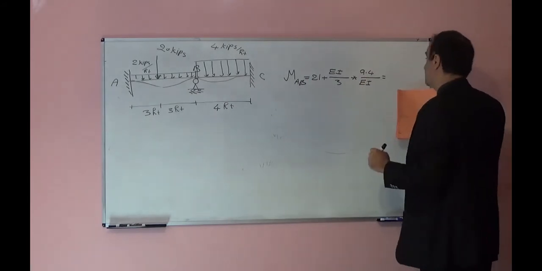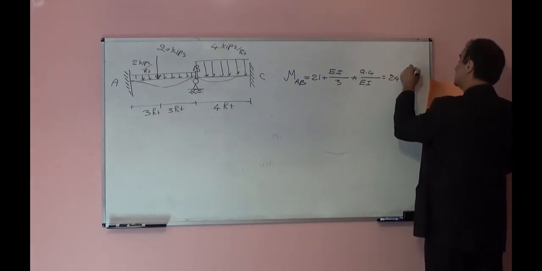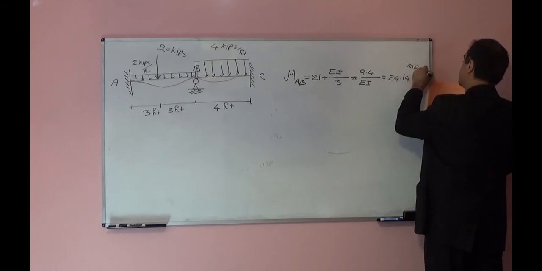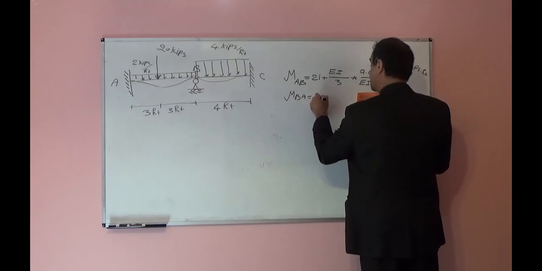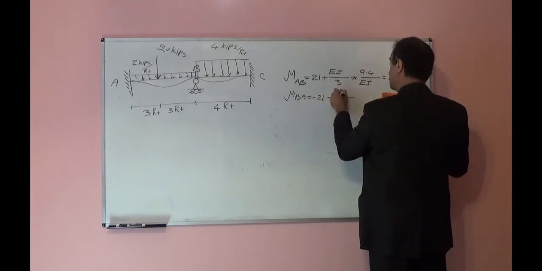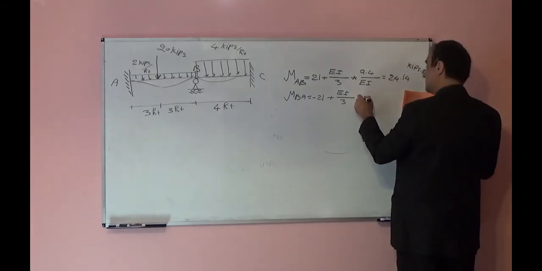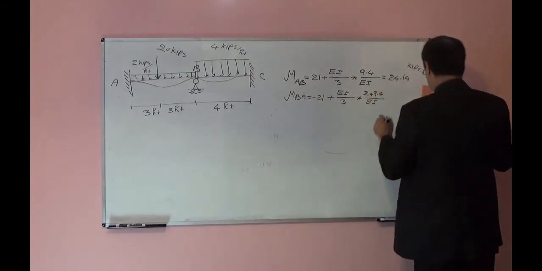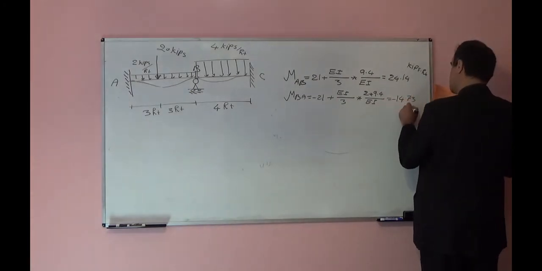The EI and EI cancel each other, so 24.14 kips feet. MBA will be equal to negative 21 plus EI over 3 times 2 theta B, times 2 times 9.4 over EI. That will be equal to negative 14.73 kips feet.